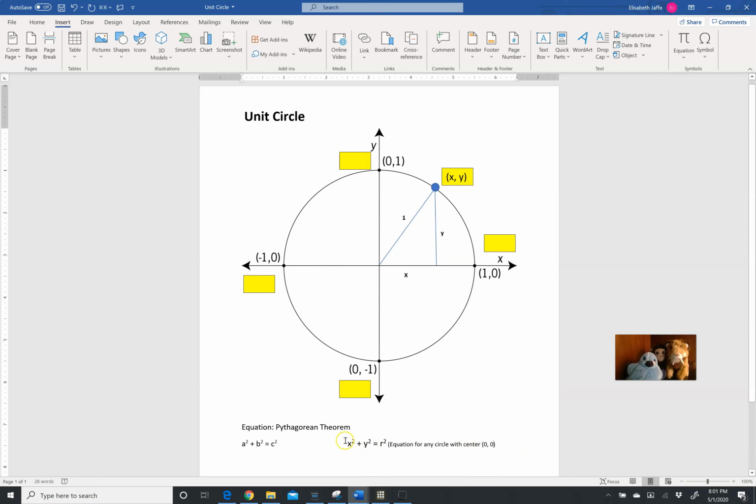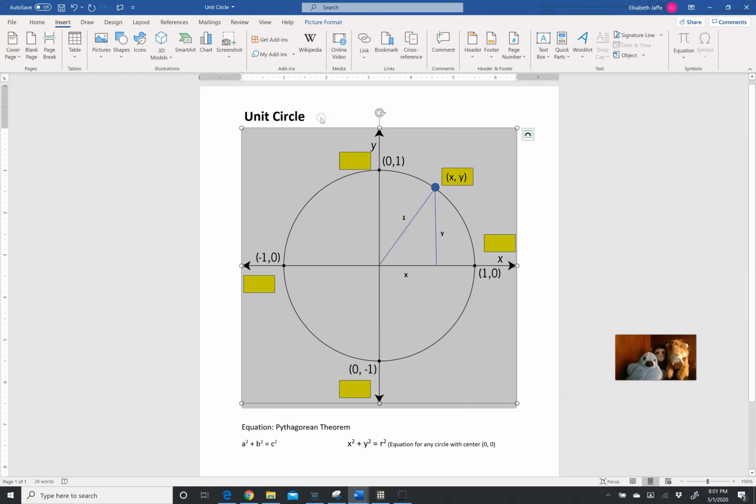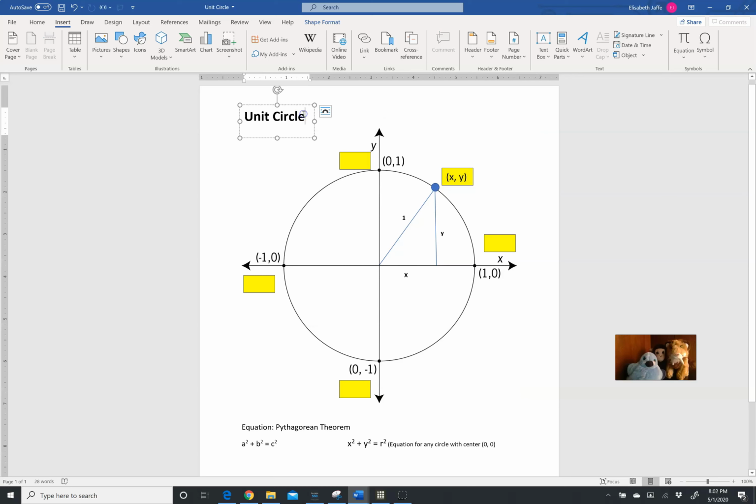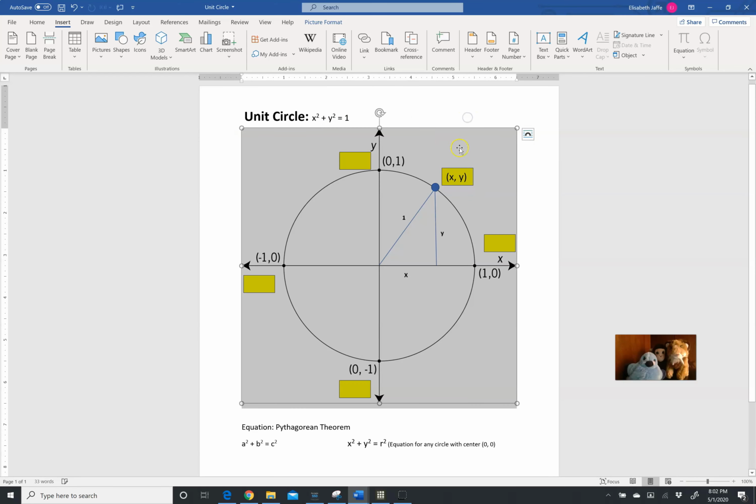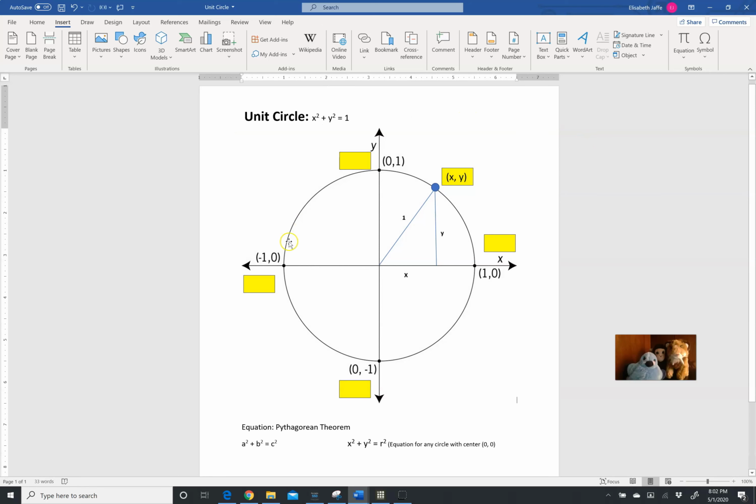But if we want specifically the equation for the unit circle, the equation for the unit circle would be x squared plus y squared is equal to 1. Okay, that's the equation for the unit circle.